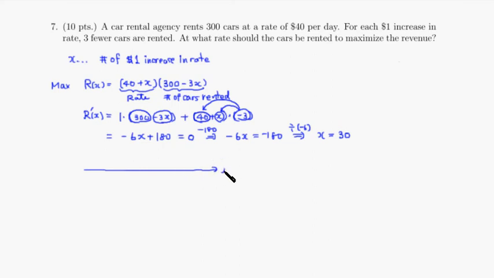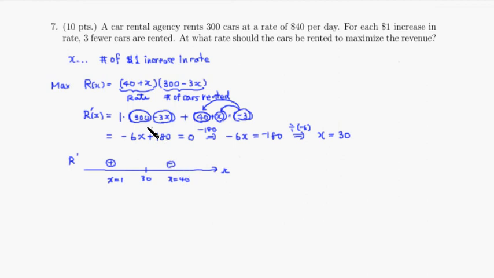So x, and here is the critical number 30, and we look at R prime. Let's try something like x equals 1. You see that it's negative 6 times 1 plus 180, so that's positive there. If you try something bigger than 30, let's try 40, negative 6 times 40 is negative 240, plus 180 is going to be negative.